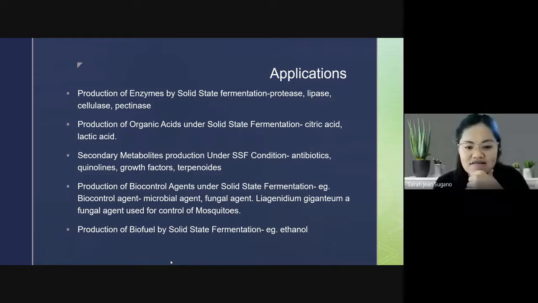So they have a collaboration where they collect the waste product or byproduct of the company, and then they use it as substrates for the production of their ethanol, used for the disinfection that are already sold in the market. So it is really important nowadays because of this pandemic. So that's one of the examples of the production of biofuel.